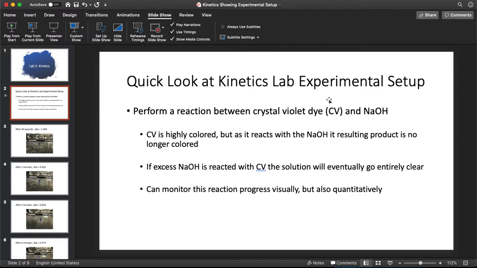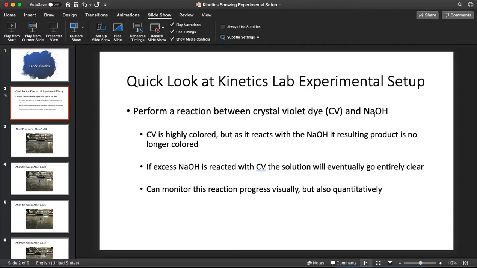And it's basically so that if we monitor the absorbance of our solution, we are really monitoring this crystal violet dye concentration in particular. And if the hydroxide concentration is so big, it effectively just stays constant. It doesn't change, because if this concentration is, say, 5 or 6 orders of magnitude bigger than the crystal violet, as our crystal violet reacts away, the sodium hydroxide concentration effectively isn't changing unless we have tons of significant digits, which probably isn't very realistic.